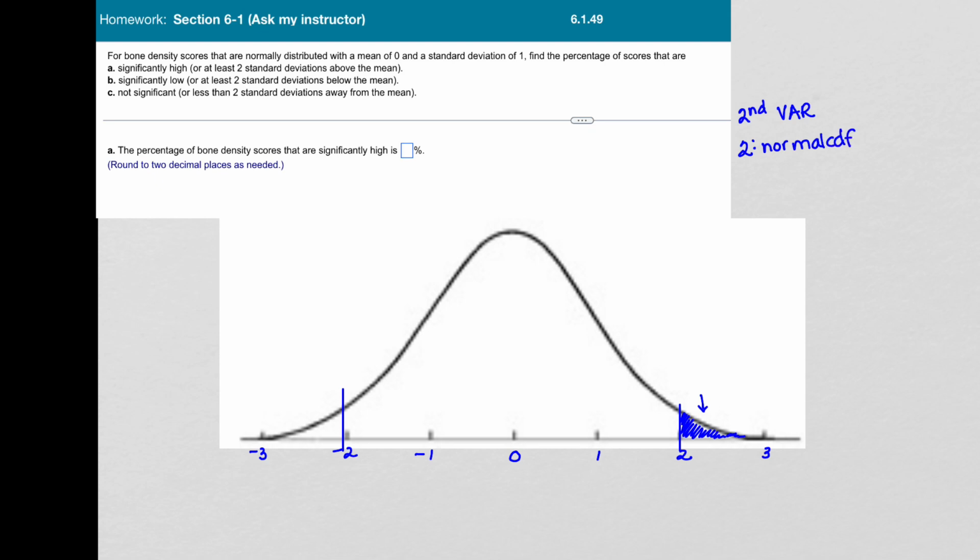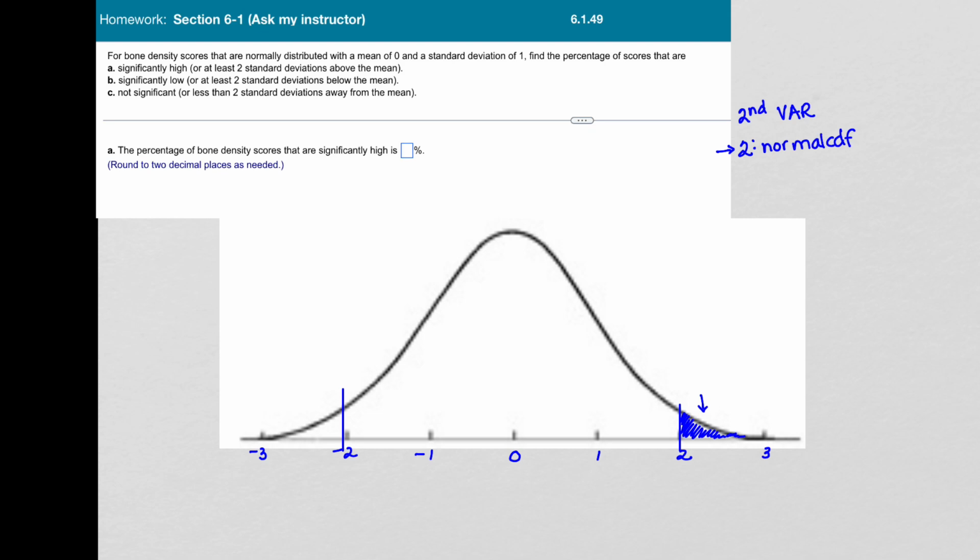We don't normally use number 1, which is normal PDF. Number 2, normal CDF, is going to give us the percentage of values between a lower boundary and an upper boundary, which is what we want here.